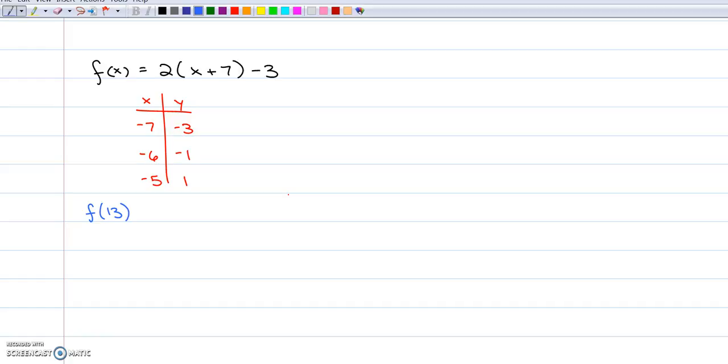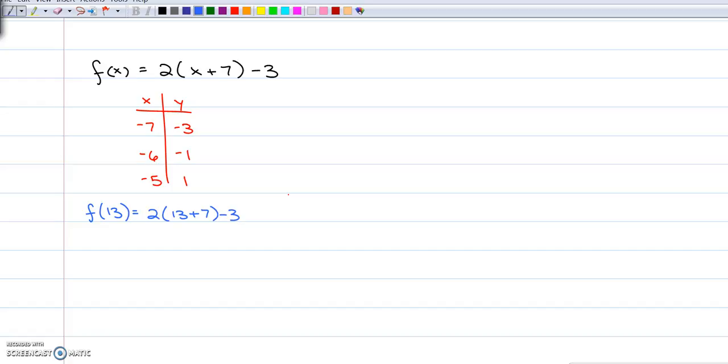You have established a pattern, but that sounds like a whole lot of work, a whole lot of writing, and a lot of wasted space on top of that. So there should be a way to figure out what you get for the f of 13 based on that formula. And that is to take the 13, plug it in for the x, and see what happens when you start to simplify.